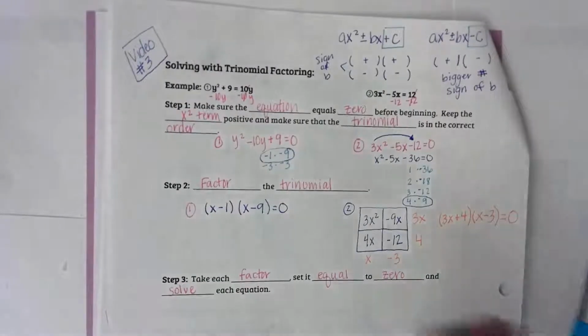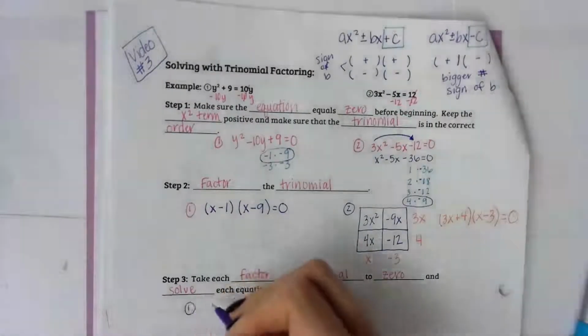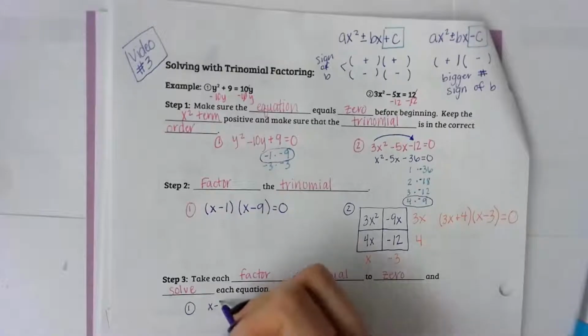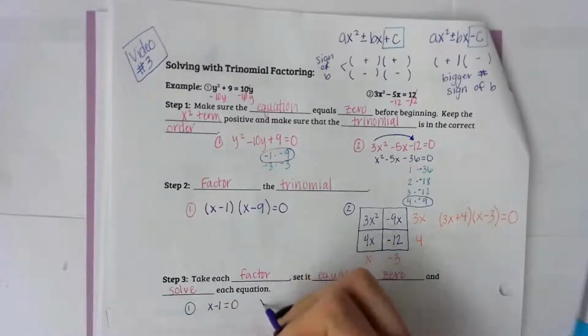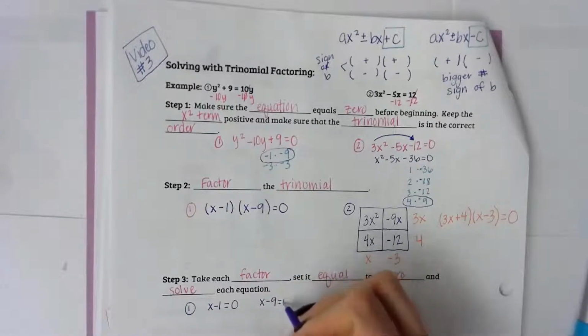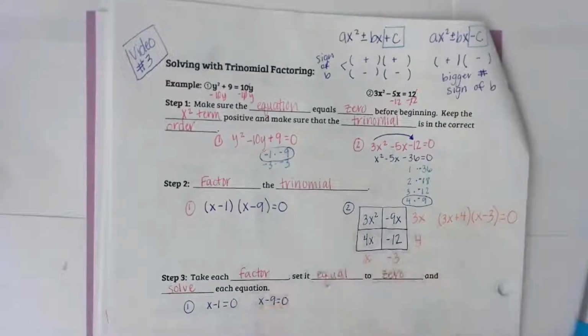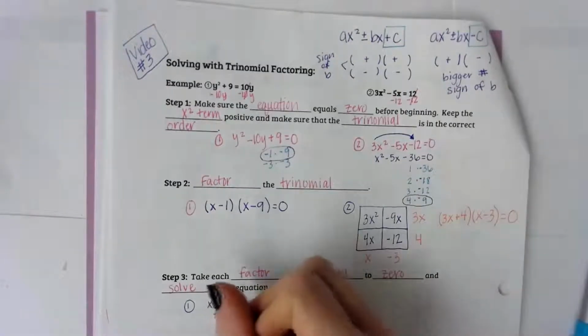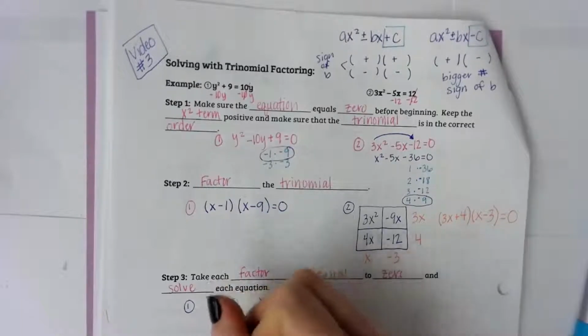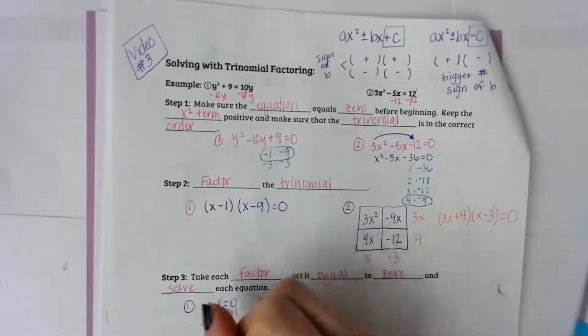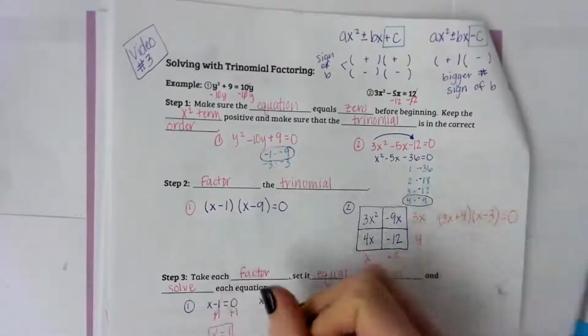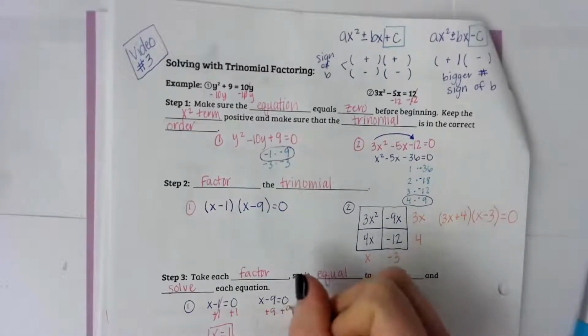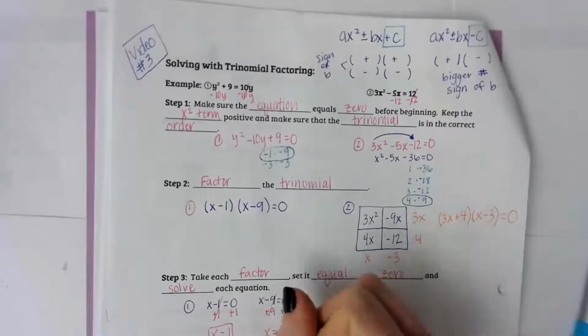So for number 1, I've got x minus 1 equals 0 and x minus 9 equals 0. So I'm going to add 1, x equals 1, and add 9, so x equals 9.